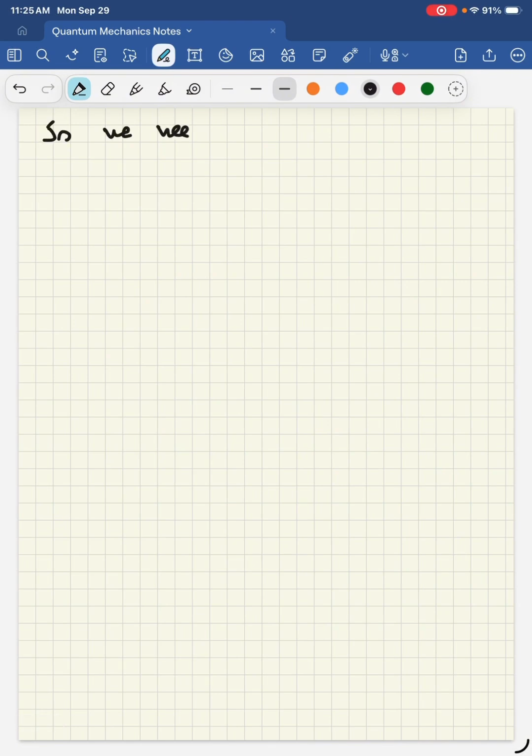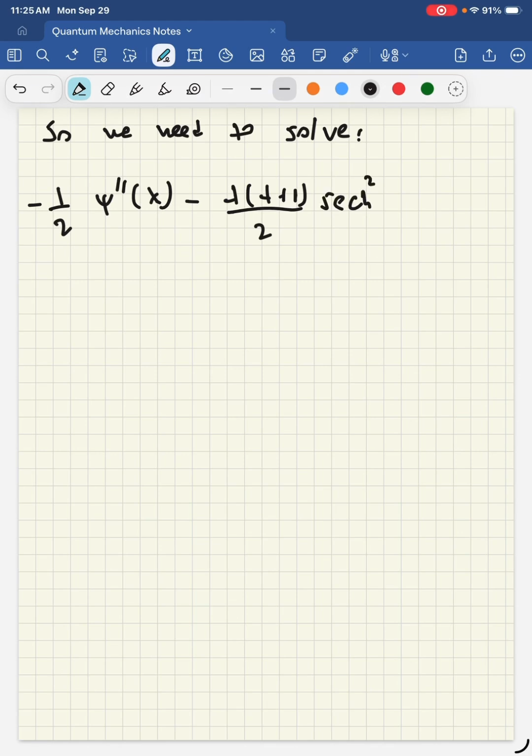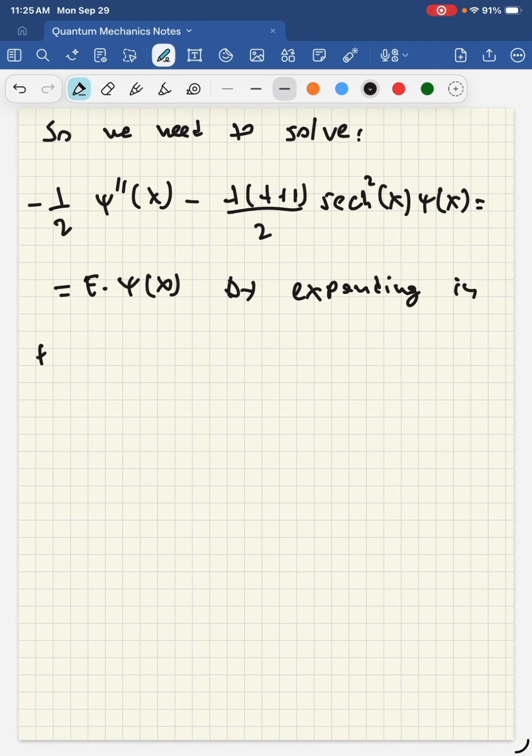We need to solve minus 1/2 second derivative of x minus lambda times lambda plus 1 over 2 times this hyperbolic secant squared times psi of x equal to E times psi of x, by expanding in the harmonic oscillator basis.